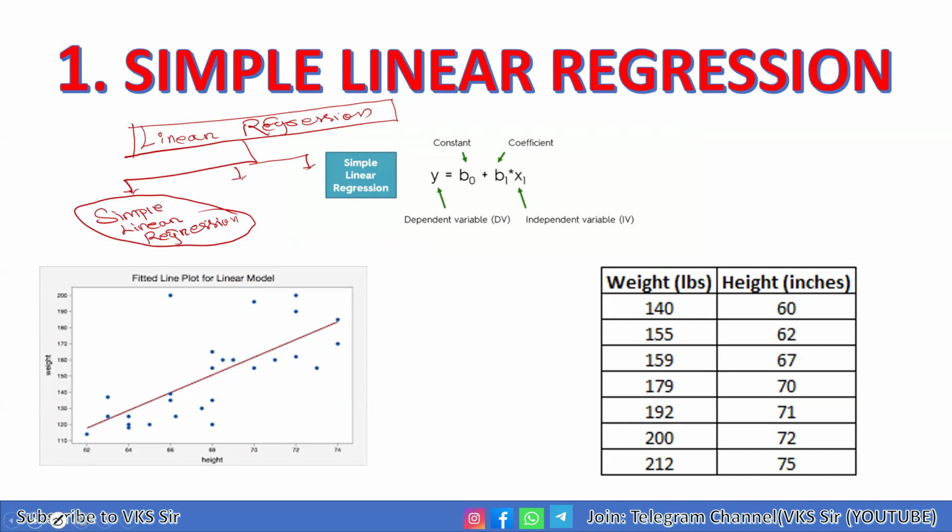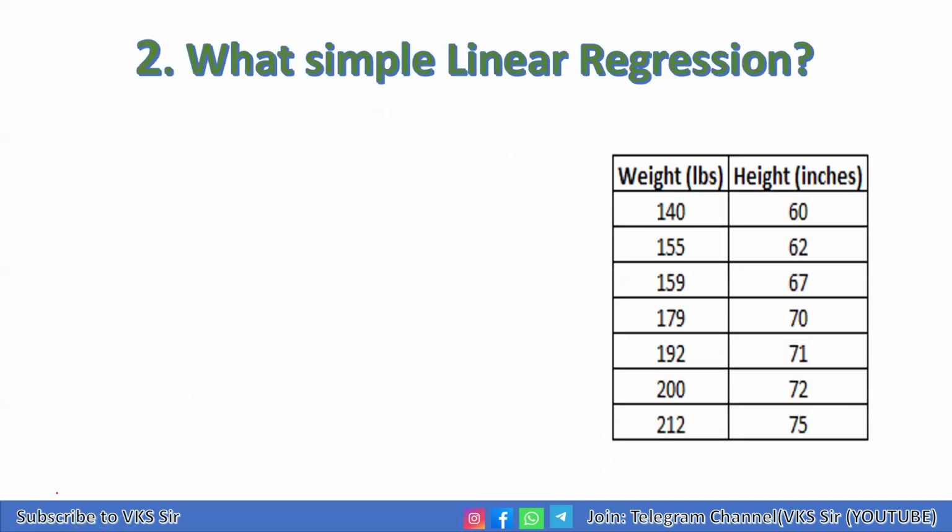Let's take an example for better clarity. Here there is a data set, and in this data set there is height and there is weight also.